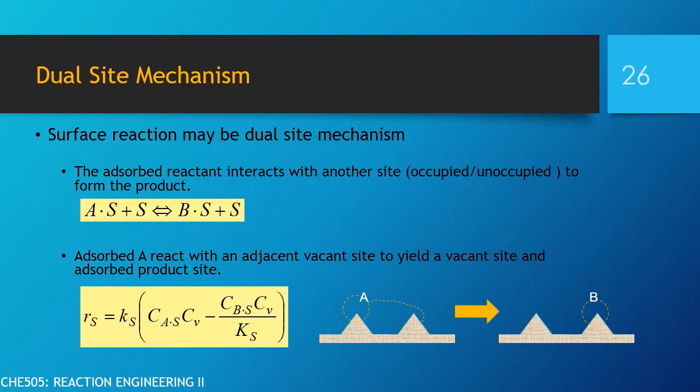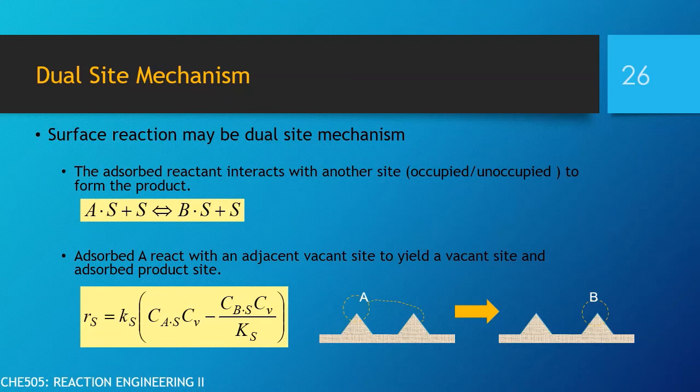We call this dual site mechanism surface reaction, because the reaction requires two active sites. So the mechanism is A·S plus S, reversible reaction to B·S plus S. Then based on this mechanism, write the net rate of surface reaction.